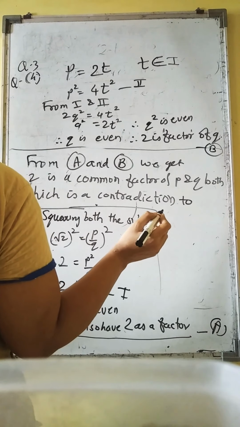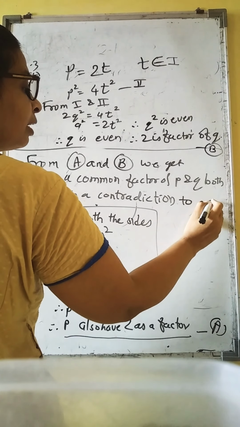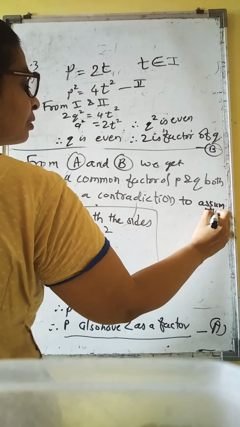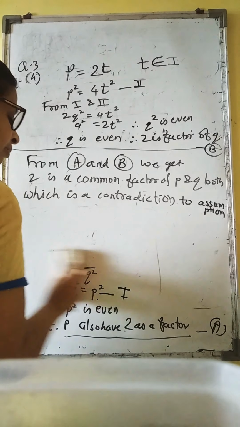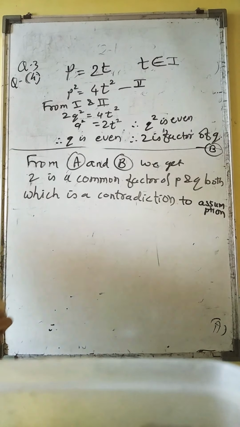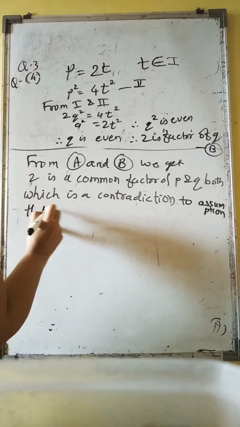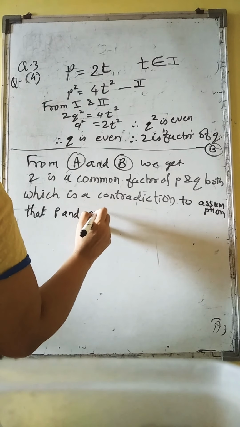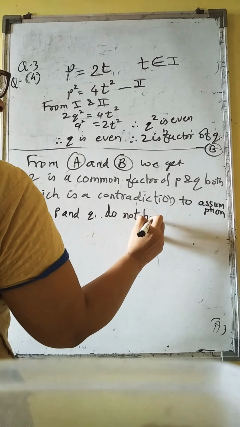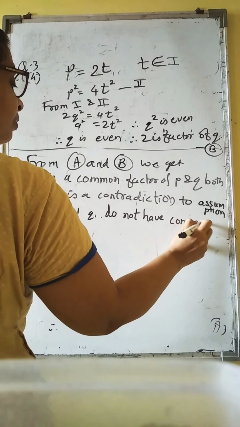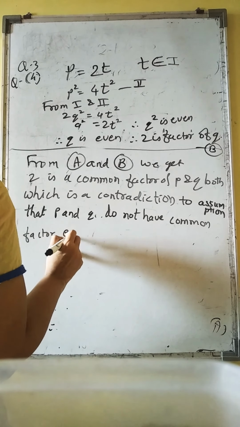To the assumption, which is contradictory to the assumption that P and Q do not have a common factor except one.